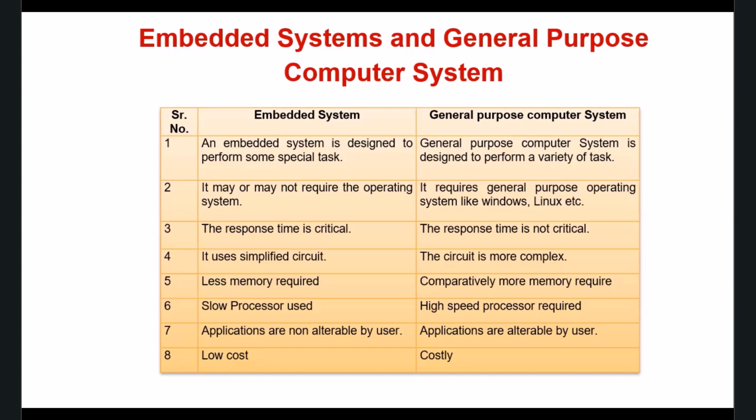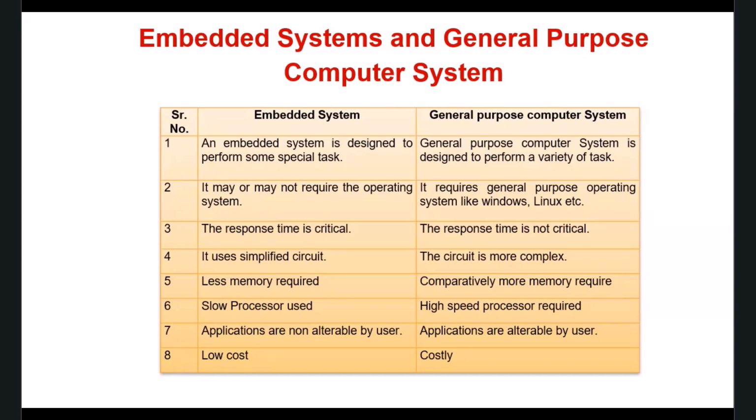There are operating systems in embedded systems, but it may or may not be required. It is not necessary that all embedded systems have operating systems. But in case of general purpose computers, it always requires the operating system. In embedded systems, the response time is critical, while in general purpose computer systems, the response time is not critical.